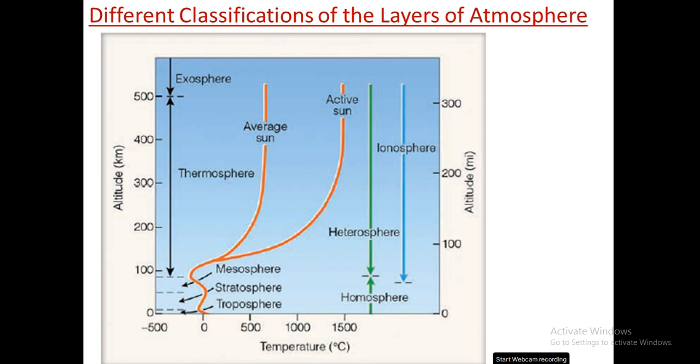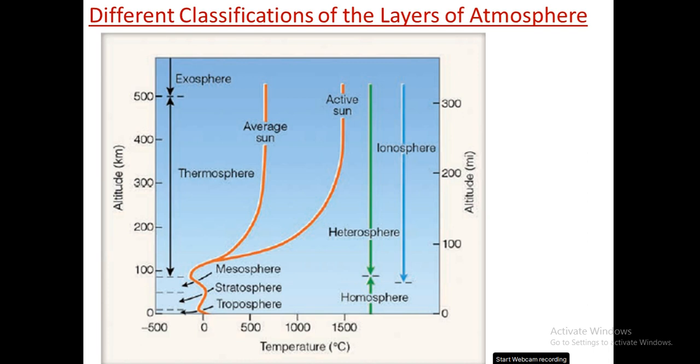So the heavier molecules start to settle down and lighter molecules start to go up in the atmosphere. Heavier molecules such as oxygen and nitrogen will settle at the bottom of the heterosphere, and lighter molecules will float above, at the top of the atmosphere. This is known as the heterosphere.